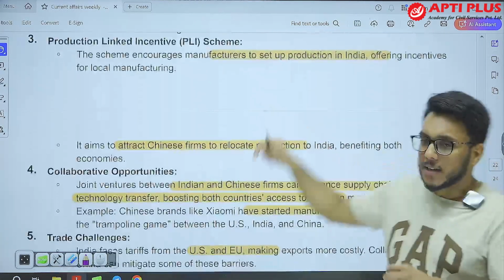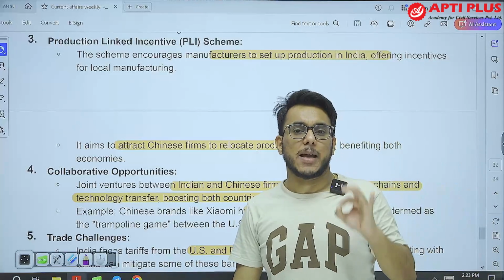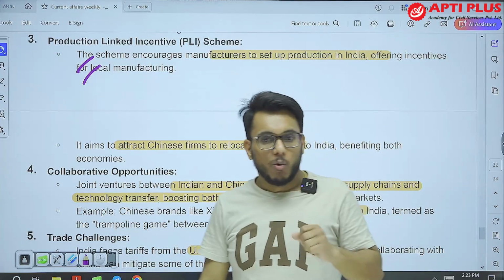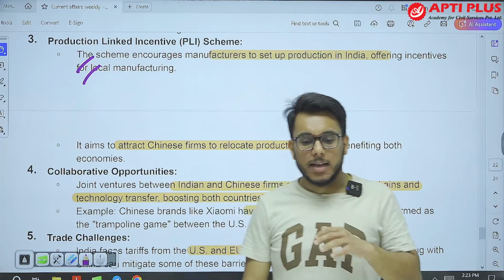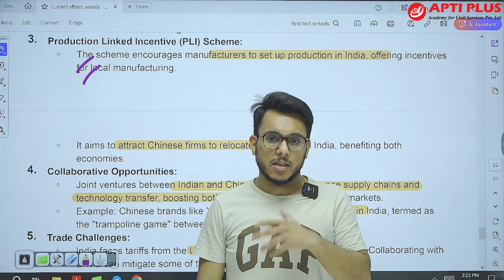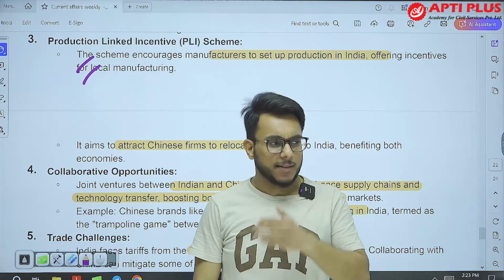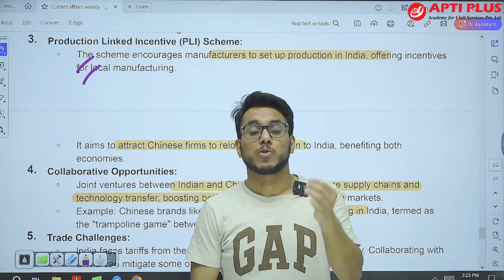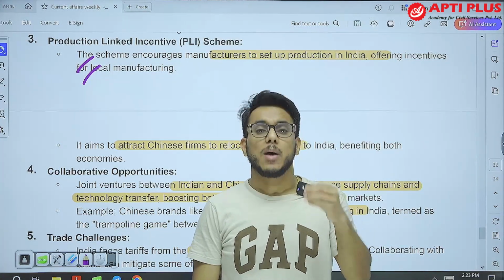Now, in fact, we already have systems established. For example, the production linked incentive scheme we already brought. What is this scheme? In the production linked incentive scheme, we give incentives to manufacturing facilities so that they start manufacturing in India. We give incentives to electronics, and even now to semiconductors and mobile manufacturing units.